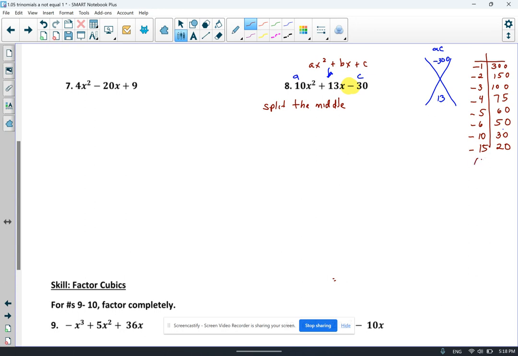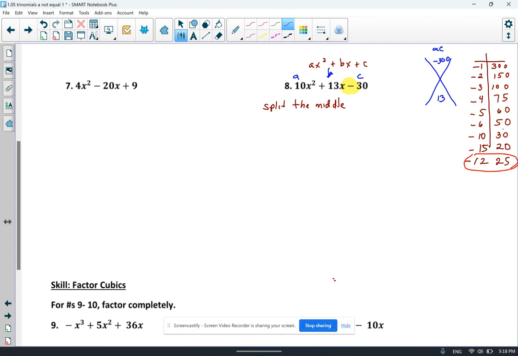Of course I missed one. And the key one, 12 and 25. And again, we want this to be negative 12 and 25. So it turns out that I did miss one. That's why it's helpful to have that little calculator trick. Negative 12 plus 25 is positive 13.